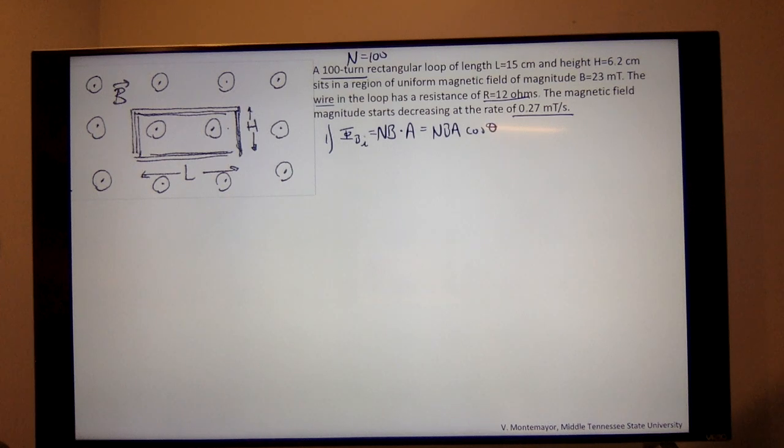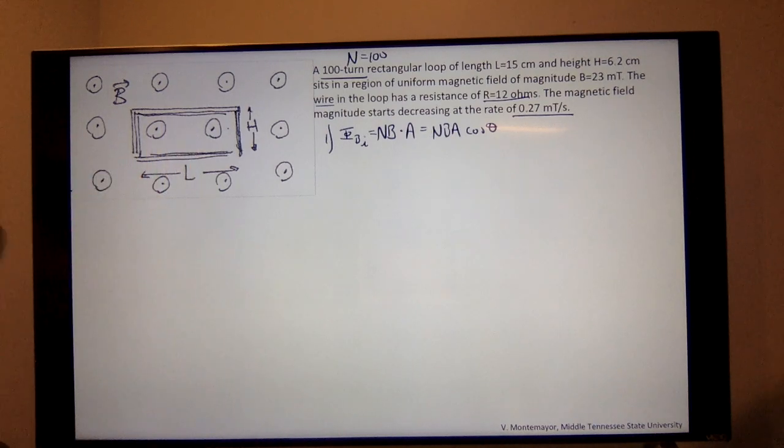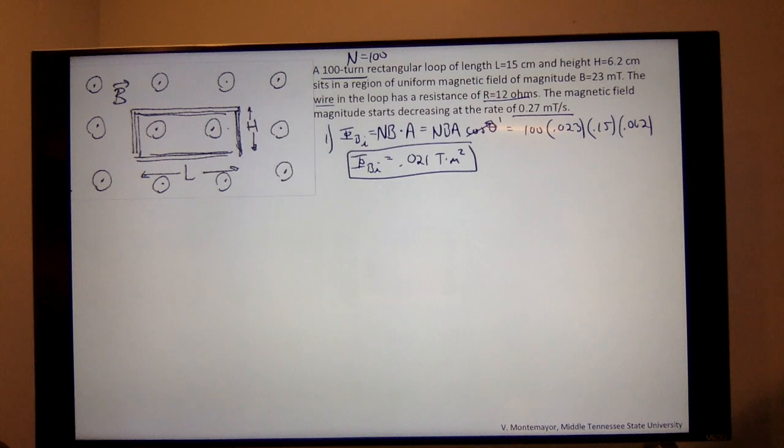But in this particular case, theta is 0 because the magnetic field and the area vector, which would be out of the screen, are in the same direction. So that's just going to be 1. So I have 100 times 0.023 times the area, which will be 0.15 times 0.062. So we can find this initial magnetic flux. It's 0.021 Tesla times meter squared. And again, it's magnetic field times area, so Tesla meter squared. So that's the initial magnetic flux.